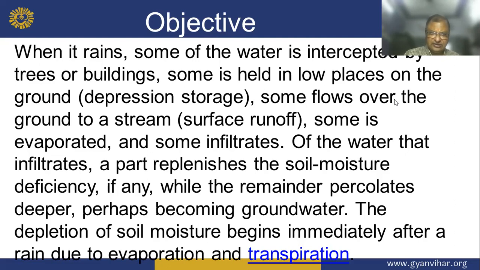Of the water that infiltrates, a part replenishes the soil moisture deficiency, and the remainder percolates deeper, perhaps becoming groundwater. Depletion of soil moisture begins immediately after the rain due to evaporation and transpiration.